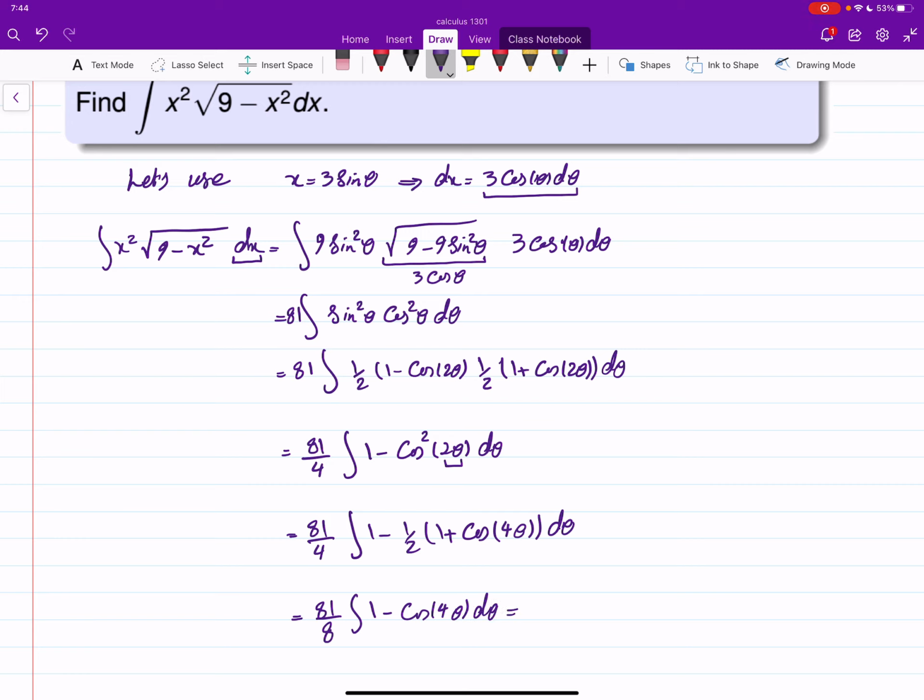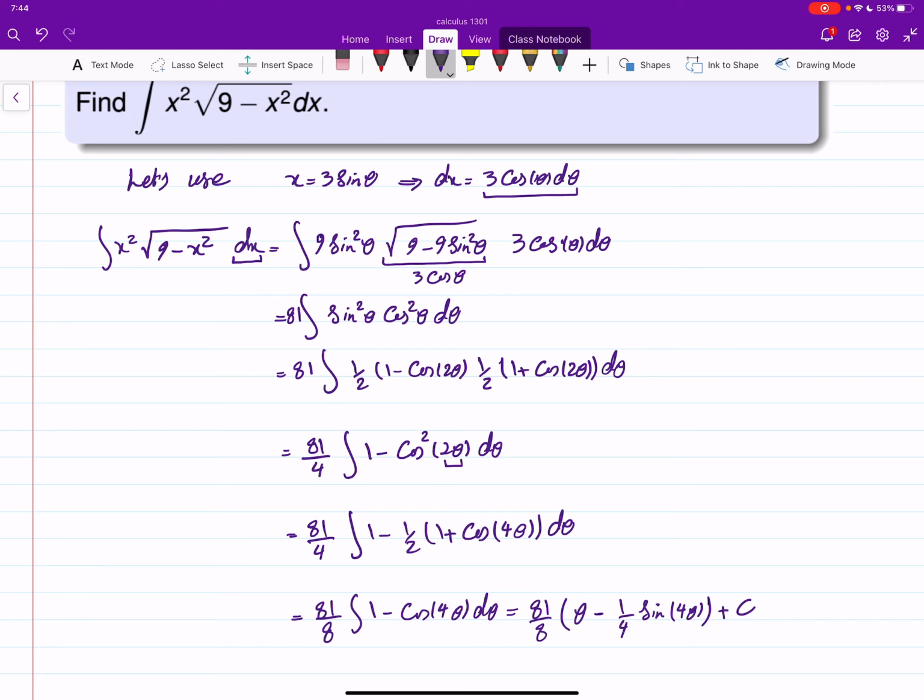Now this is just an easy integral. You need to use substitution, or just know that the integral of cosine 4 theta is 1 over 4 sine 4 theta. So this will give me theta minus 1 over 4 sine 4 theta.